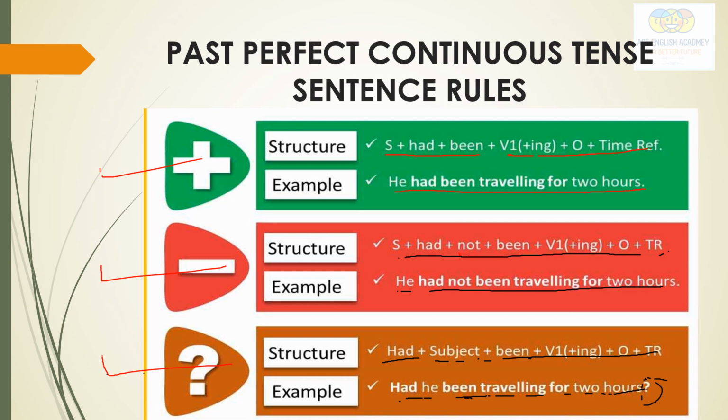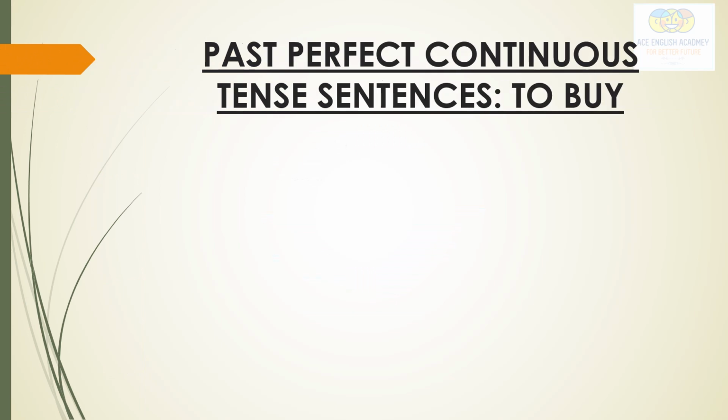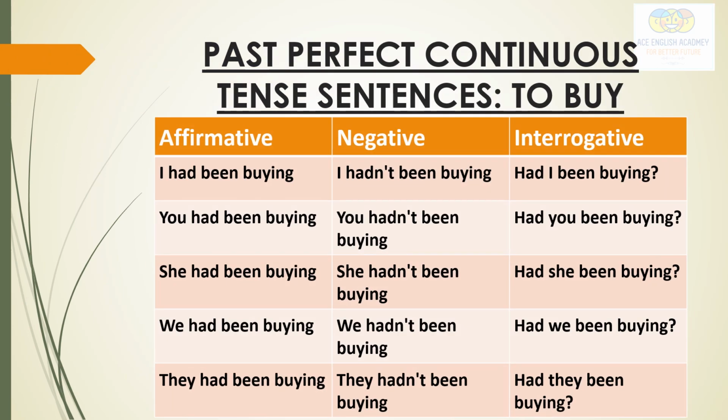Using these formulas. See here next. Here I have made sentences affirmative, negative, and interrogative. You can see the sentences here. I had been buying. I had not been buying. Had I been buying?